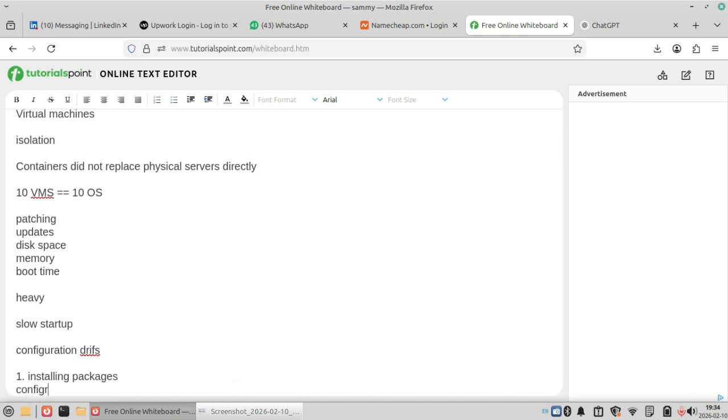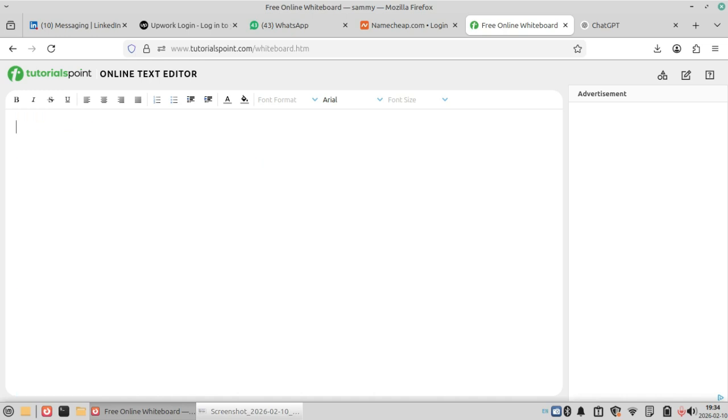You also configure services, just like a physical server. You also tweak settings manually or with scripts, just like a physical server. So over time, two servers that were supposed to be identical become slightly different, and this is what we call configuration drift.